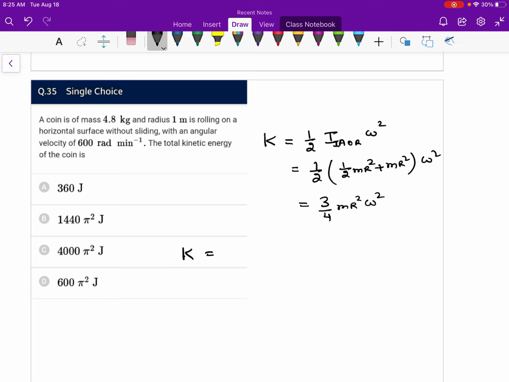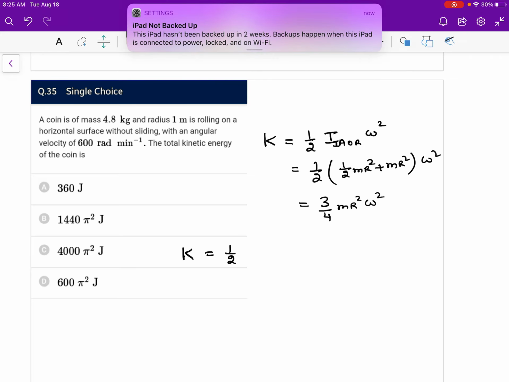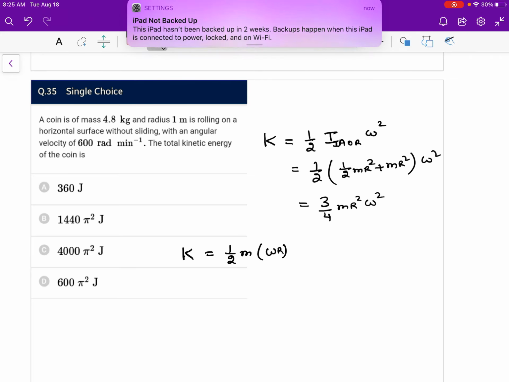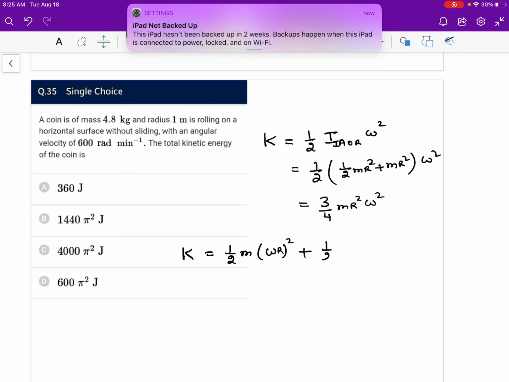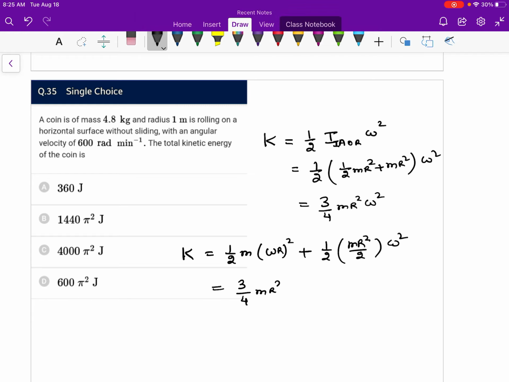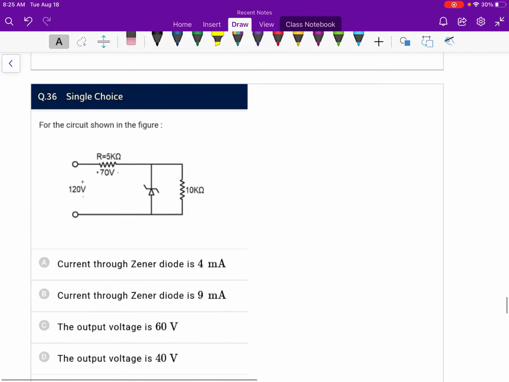Or you can break the energy as kinetic energy in translatory motion, half m vcm square, plus kinetic energy in rotational motion, half Icm into omega square. So that will be 3/4 mr square omega square.